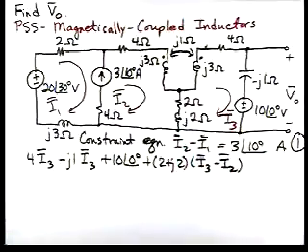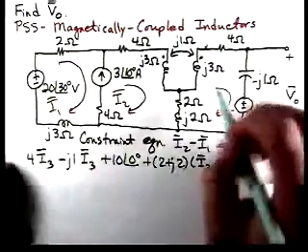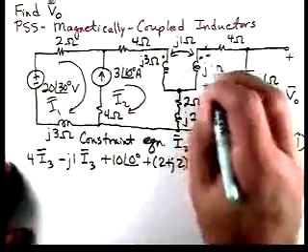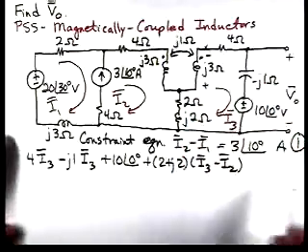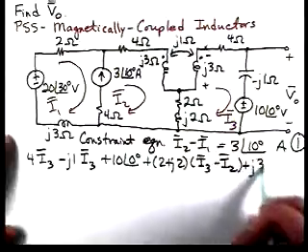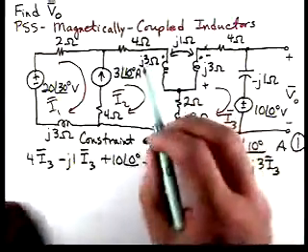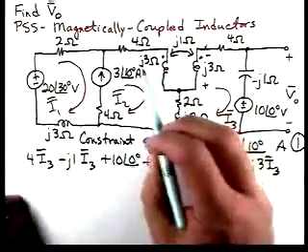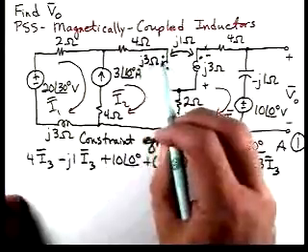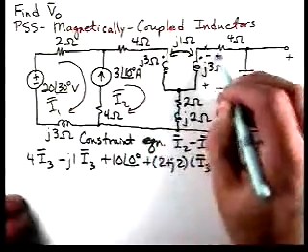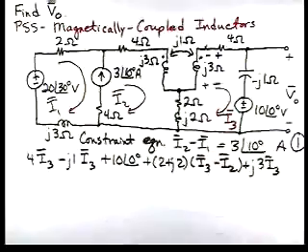Now, we have the coupled inductor, and we have two voltage terms. First, we have one due to current I3. That's going to be polarized like that, and that's going to be plus J3 I3. And now we have another voltage term due to current flowing on the other side of the coupled inductor. So if we look, current I2 enters the dot, so it produces a voltage in the other coil like that.